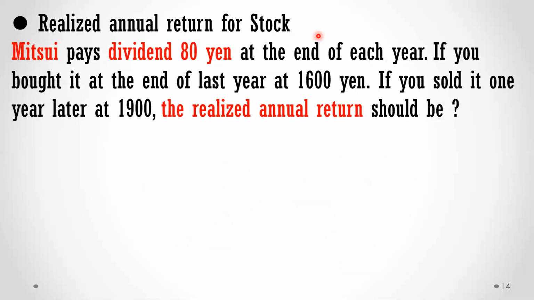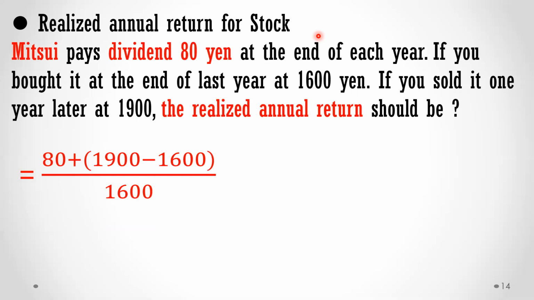Let's see this simple example. Mitsui Bussan, a Japanese firm, pays dividend 80 yen at the end of each year. If you bought it at the end of last year at 1,600 yen, and sold it 1 year later at 1,900, the realized return should be, write down the gain in the numerator, dividend plus capital gain, so 80 plus 300, divided by 1,600, your initial investment.